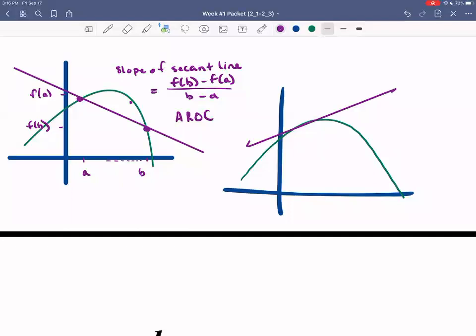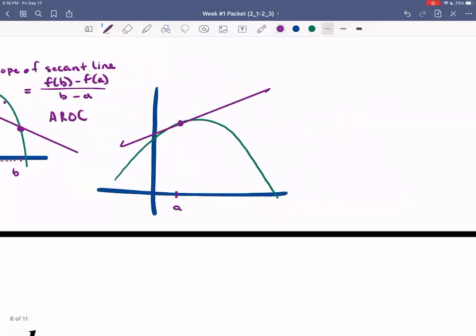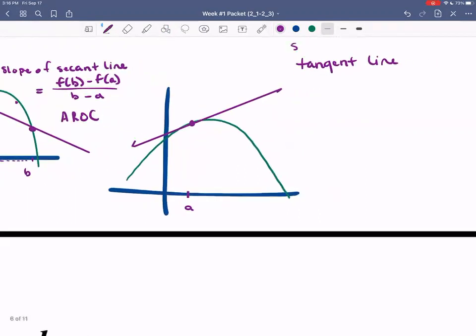Here I'll focus on a similar point to what I used before. Now the slope of the tangent line is the derivative of our function at that point. So I'll back up and say the slope of the tangent line is what? Well, how do we compute the slope of this tangent line?